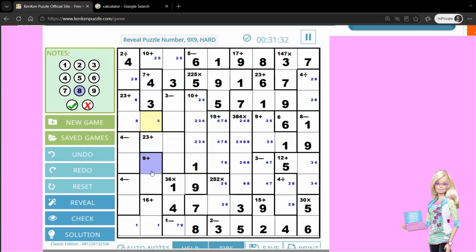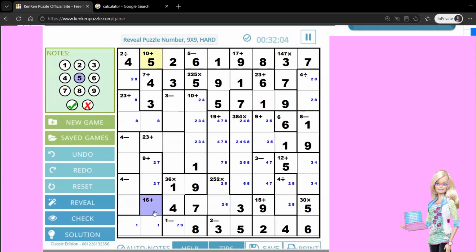Can't be a three, six, four, five, but it could still be both a, oh, and that can't be a one, eight, so that has to be a two, seven. That can't be a two, so that has to be a two. And that one has to be a five. And I figured that out.